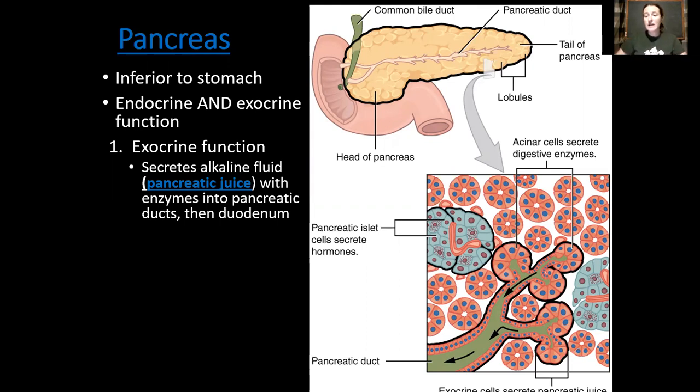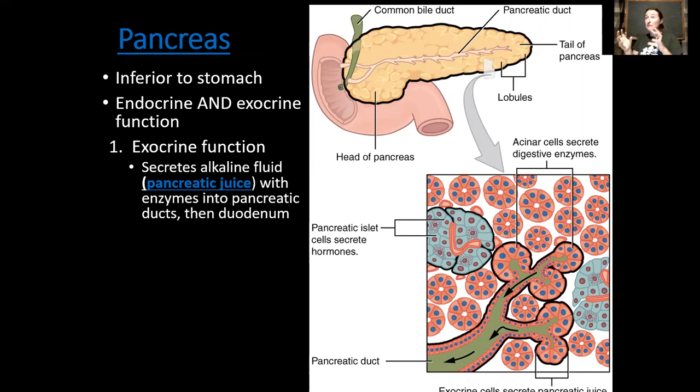The pancreas has specialized cells called acinar cells, and when stimulated, these are going to produce an alkaline fluid called pancreatic juice. Keep in mind that when the food, or the chyme as we're going to call it, passes from the stomach into the duodenum, it has a pH of like 2.